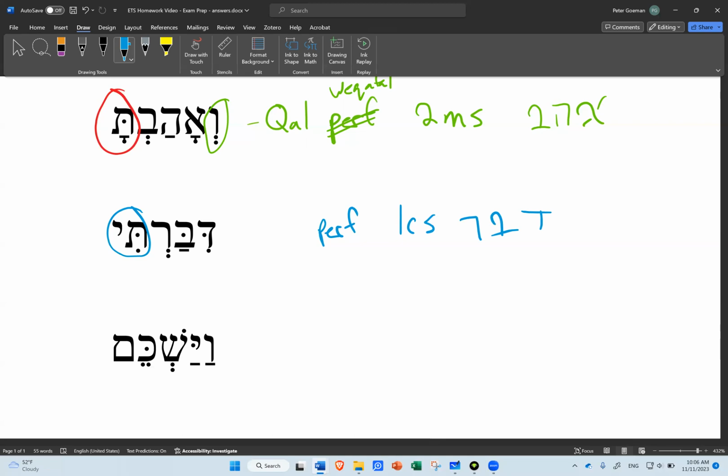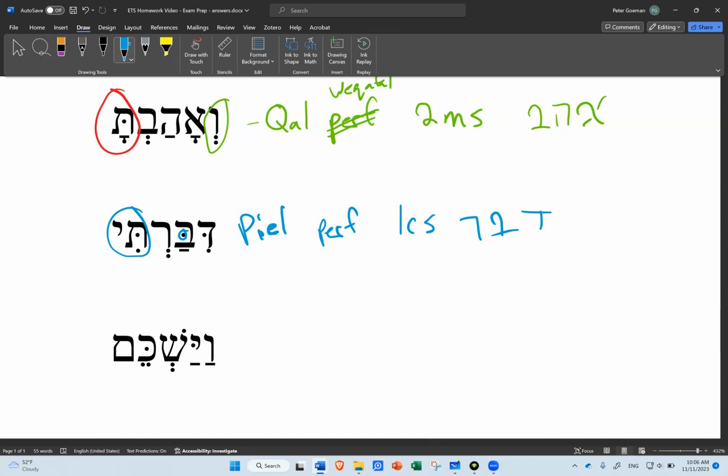So the other one is the Piel. And so this is a Piel because that's what it sounds like. So Piel perfect, 1cs from davar. And then you also have the confirmation: the Piel will have the dagesh in the second root letter. So very, very easy once you get the pattern down.